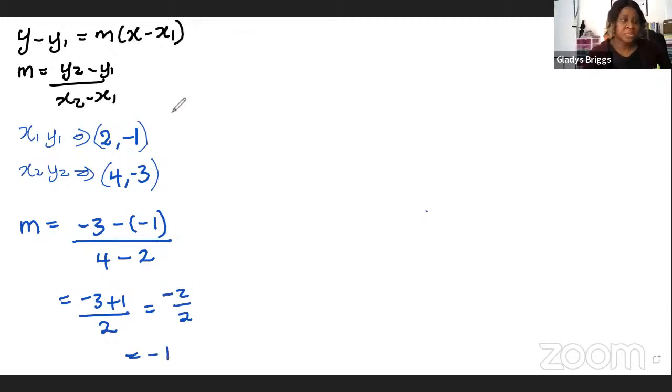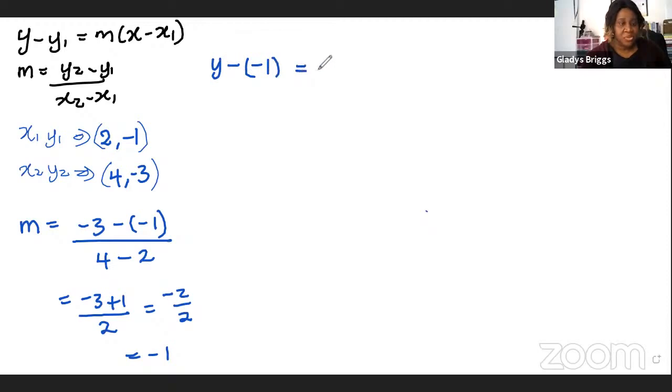Why is that difficult? So then you put that into the y minus y1. You got the gradient, yeah? So now you put it into this one. y minus, this is your y1, -1, okay?